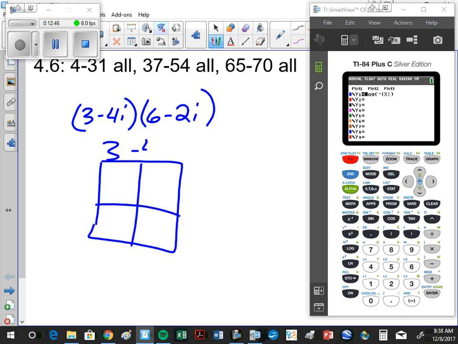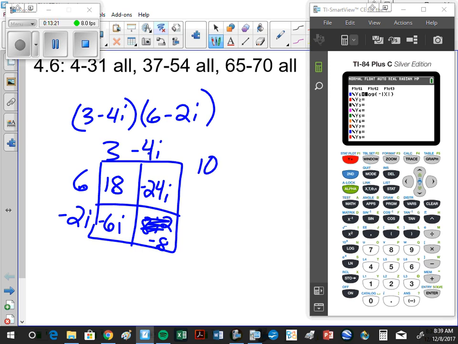You would put 3 minus 4i on one side and 6 minus 2i on the other. 6 times 3 is 18, and 6 times negative 4i is negative 24i. And negative 2i times 3 is negative 6i, and then 8i squared. And we know that 8i squared is actually just negative 8. So I'm going to change this into negative 8. And 18 minus 8 is 10. And negative 6i minus 24i is negative 30i. And that is our complex number.